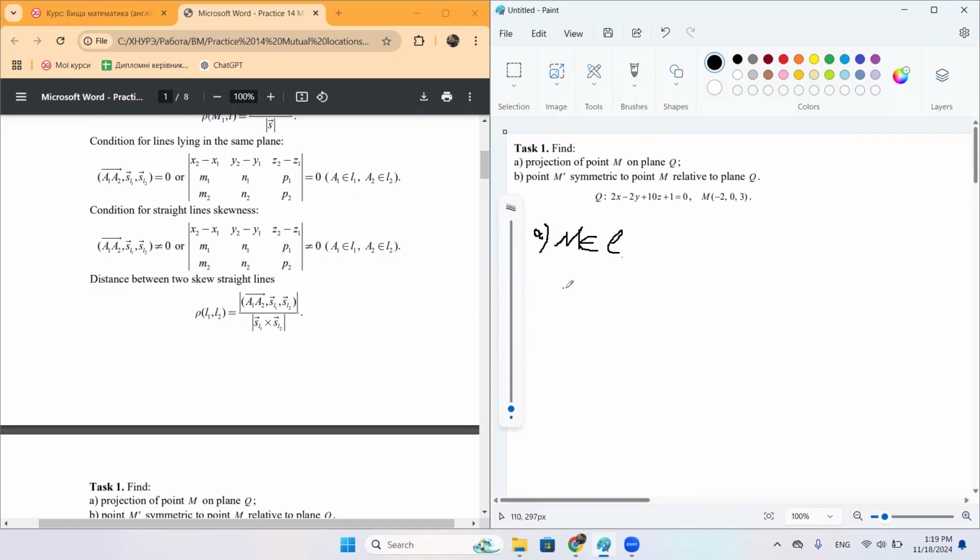Let's start solving. How to write down the equation of the straight line? Do we have everything for that, or do we need to find more data? We have everything. What do we have?